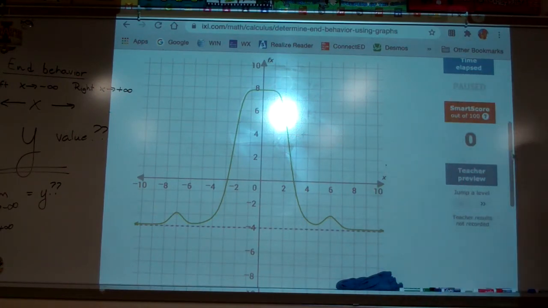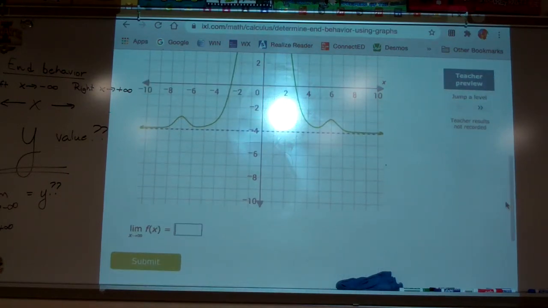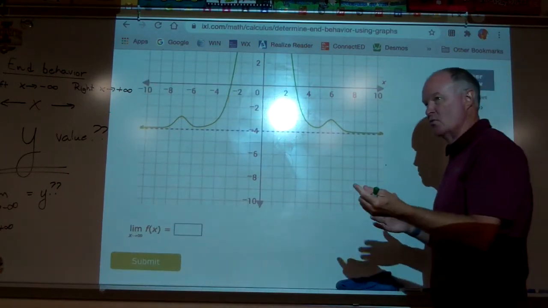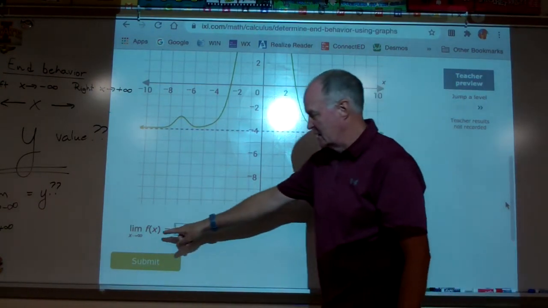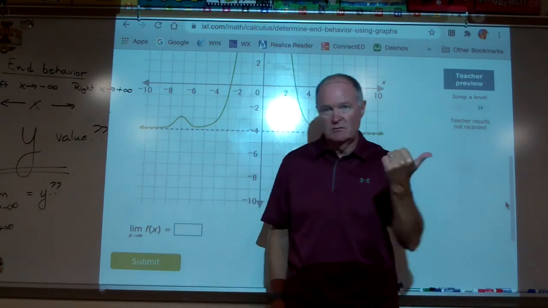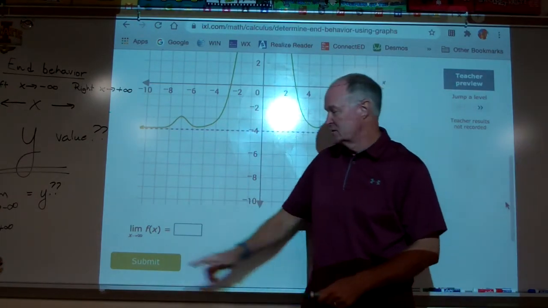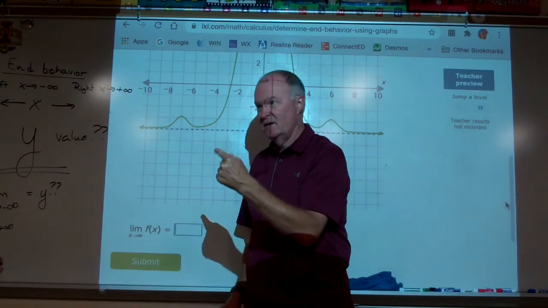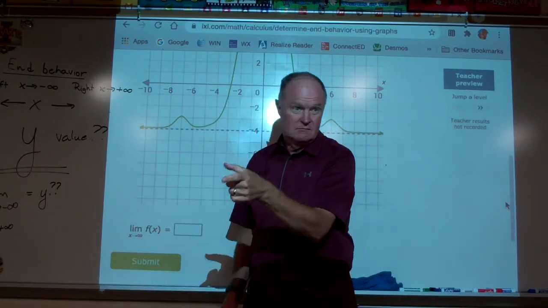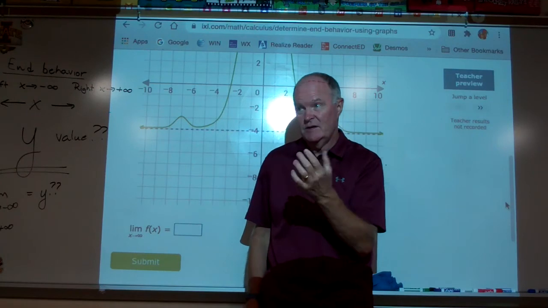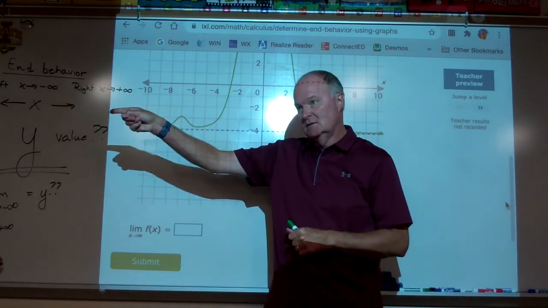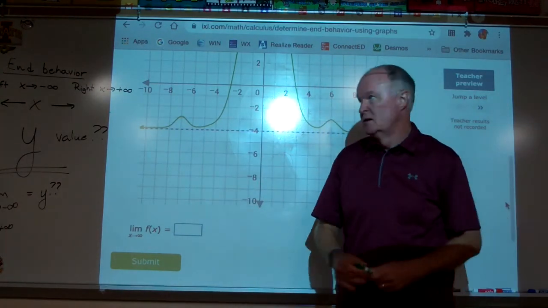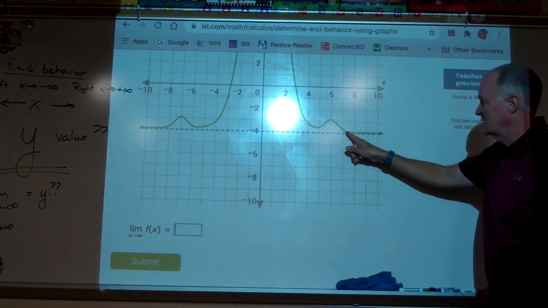And I think down on the bottom, they may at times show you one answer or two answers to fill in. If it's going to positive infinity, that's the right end, correct? If it shows negative infinity, it's going to the left end. It's really hard to see on your small little Chromebooks whether that's negative infinity or positive infinity, so just be real careful. Negative infinity, left. Positive infinity, right.